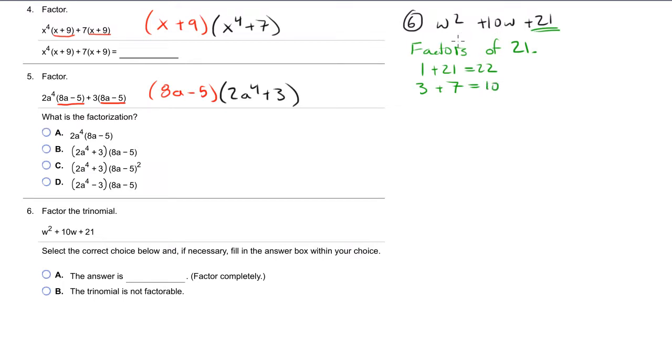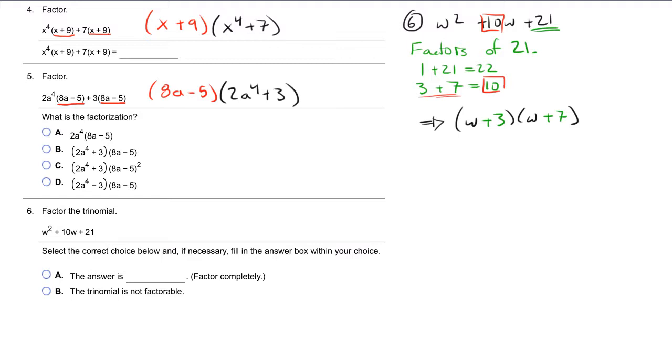That is a match for this middle term right here. So we're going to use 3 and 7 to pull apart this trinomial. We have w plus 3 times w plus 7. And that's our factorization.